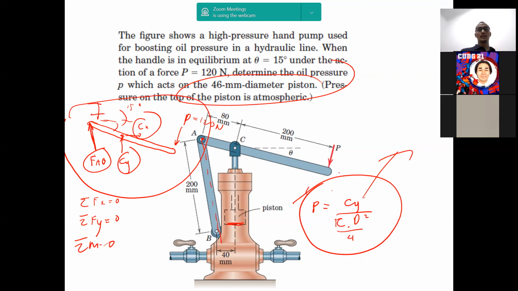Kemudian untuk mencari tekanan hidroliknya, itu nilai dari Cy dibagi dengan luas cross sectional area dari si piston, pi D pangkat 2 per 4. Oke, kelihatannya cukup jelas ya.